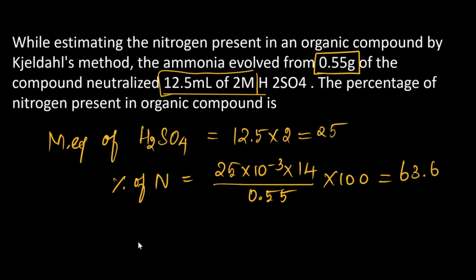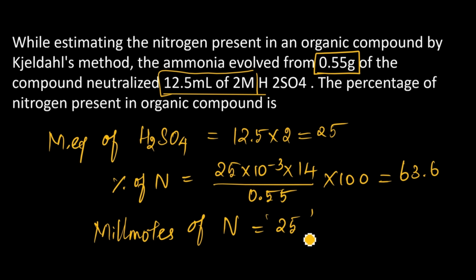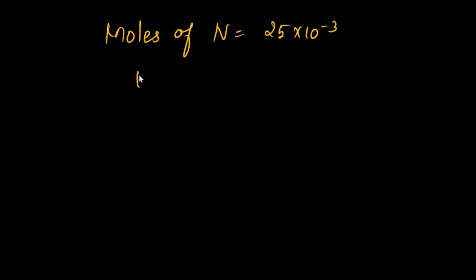So we know that milliequivalents of sulfuric acid is equal to milliequivalents of ammonia. So milliequivalents or millimoles of nitrogen is also equal to 25, right? So millimoles of nitrogen is 25, moles of nitrogen is 25 into 10 to the power minus 3. So weight of nitrogen is 14 into 25 into 10 to the power minus 3.